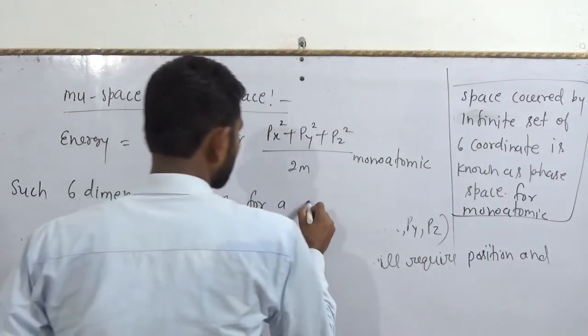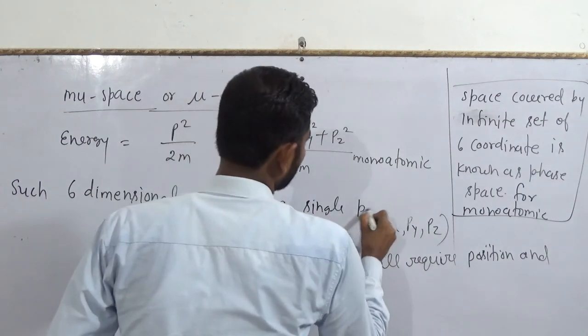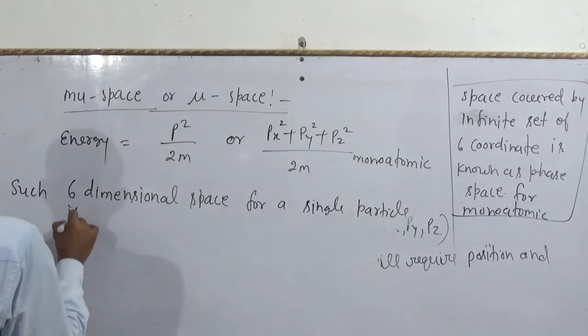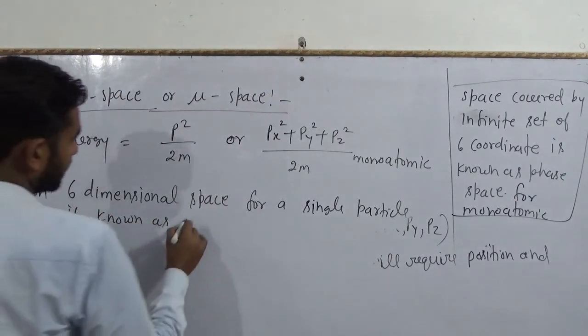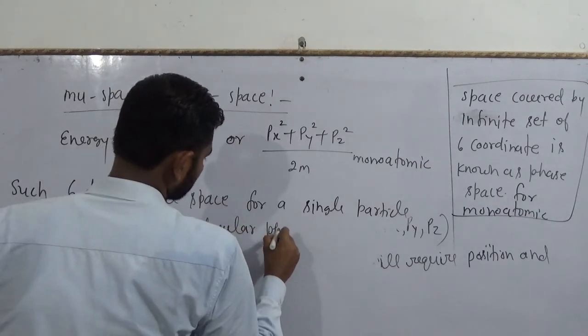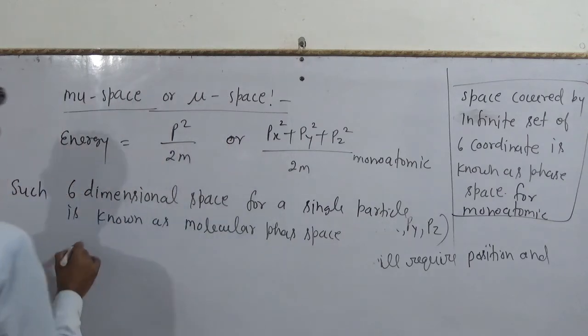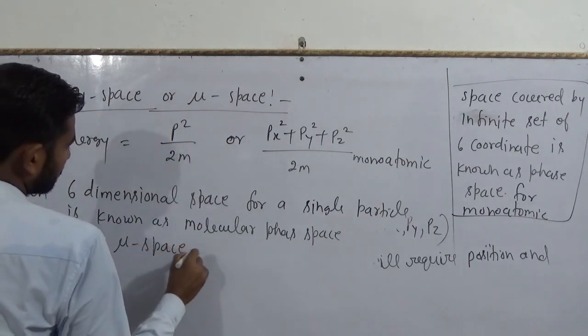So for a single particle or atom, such a space is known as molecular phase space, or mu space.